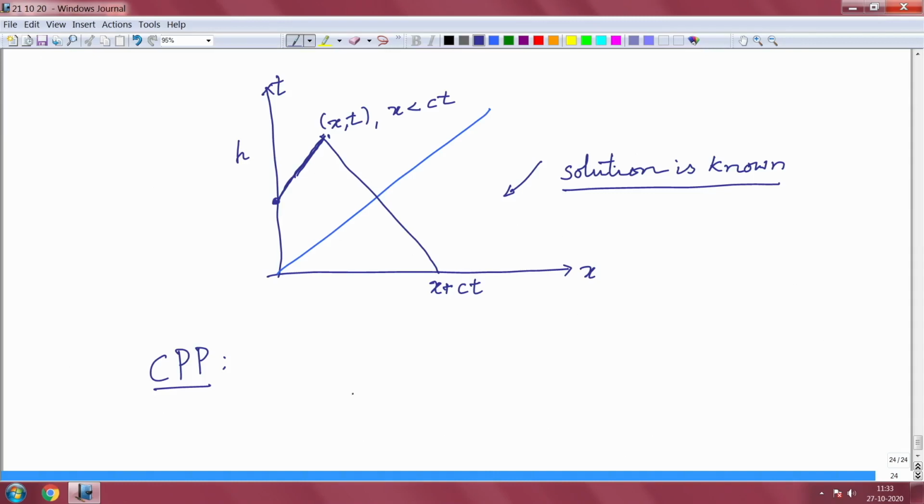And for that, let me just use a different color again. You pick a point x 0 here, x 0 small. We will see how small it is. x 0 is positive, small, and now you draw a characteristic.